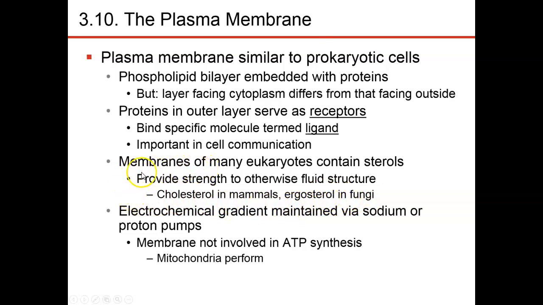We did talk about mycoplasma, which has sterols as well, but they are not as common in your bacterial cells. The bacterial plasma membrane functions in producing ATP through the electron transport chain, but eukaryotic plasma membranes do not. So ATP synthesis occurs within the mitochondria of the cell.